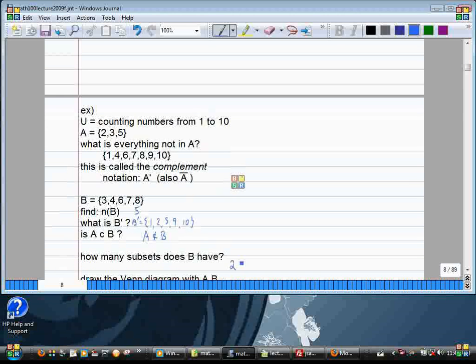Exactly. It's 2 to the 5th. And what's 2 to the 5th? 32. Check it, it's 32. I'm counting all subsets.